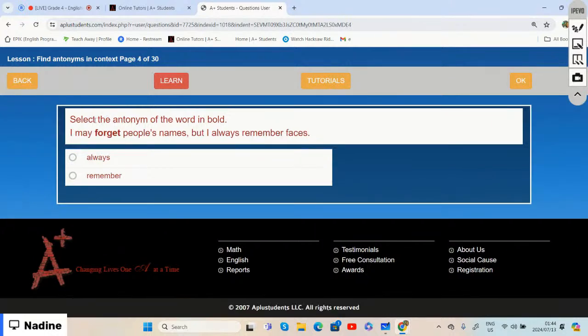All right, let's do the last one. The last one says, I may forget people's names, but I always remember faces.